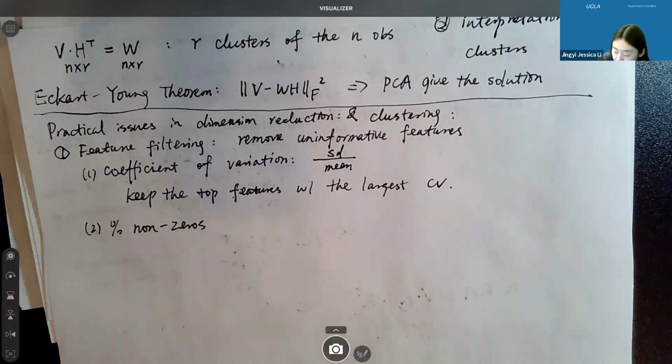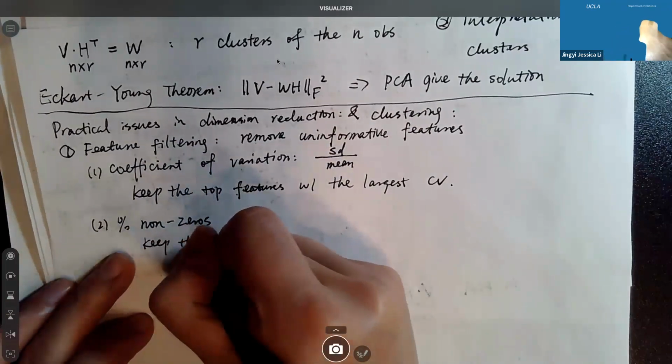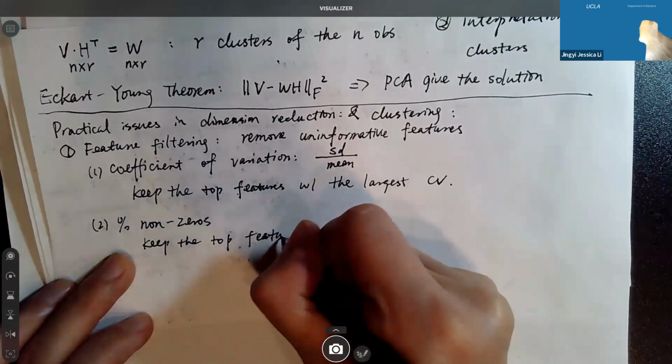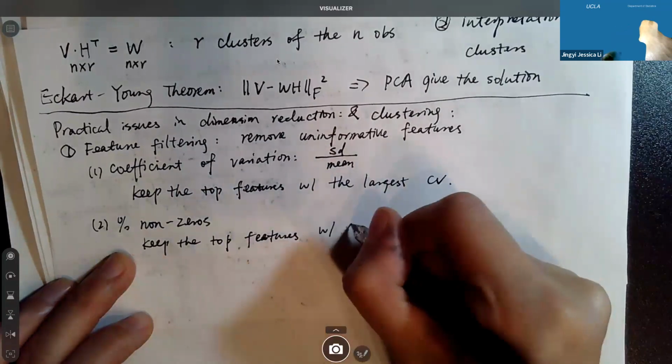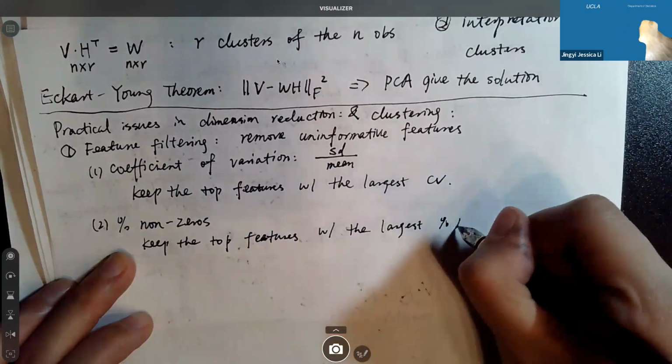Here, you still want to keep the top features with the largest percent of non-zeros.